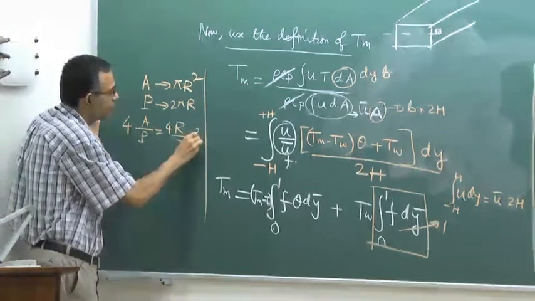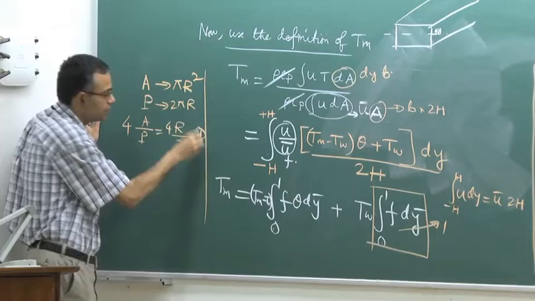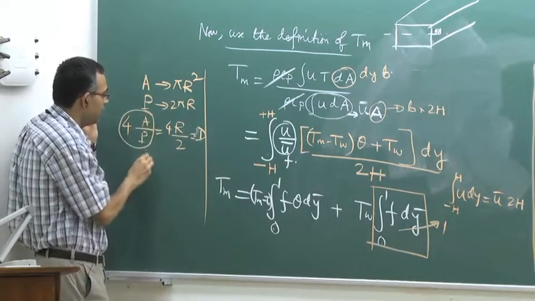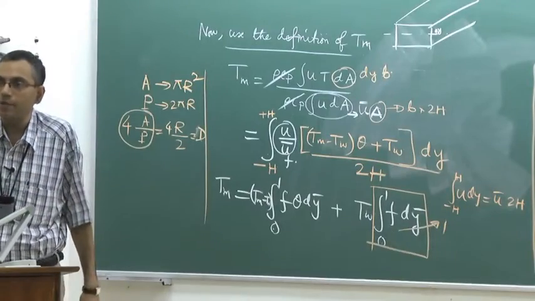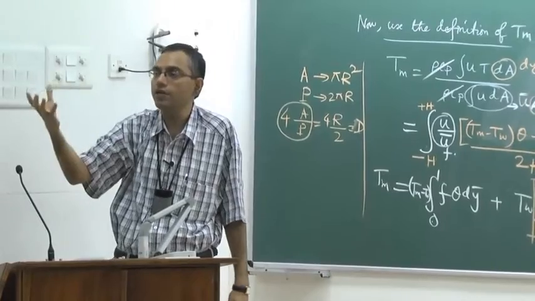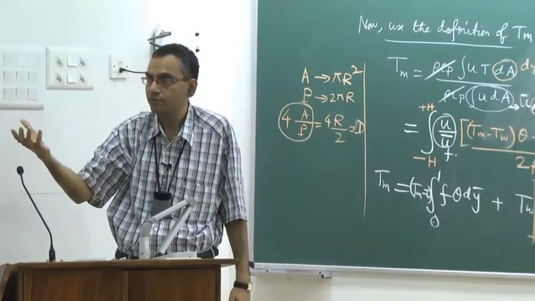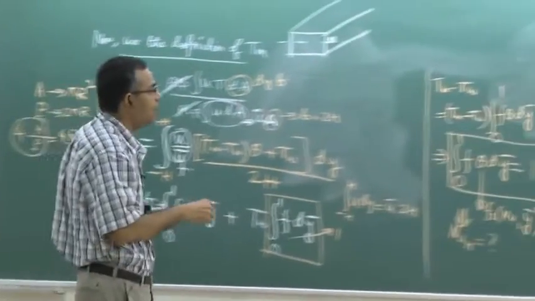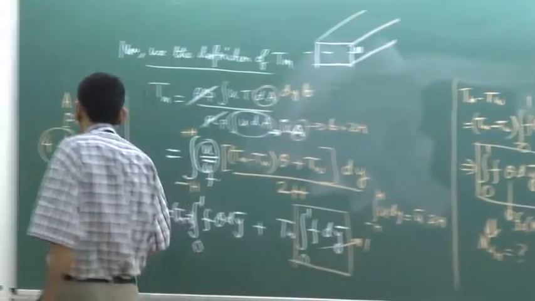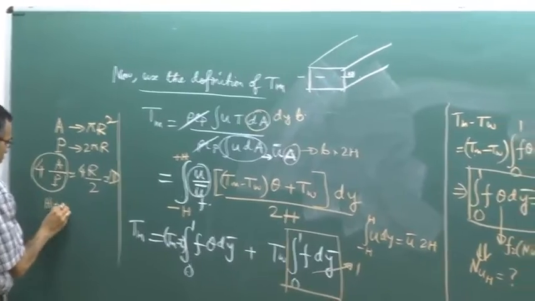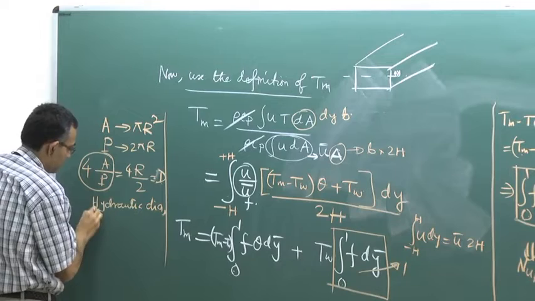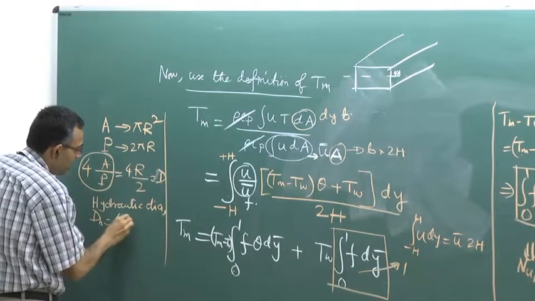So this becomes diameter. So 4 into area by perimeter for a circular pipe is the actual diameter. For a non-circular geometry, that is some effective diameter which is called the hydraulic diameter. So hydraulic diameter is 4 into area by perimeter.